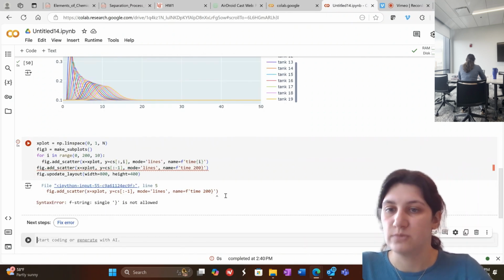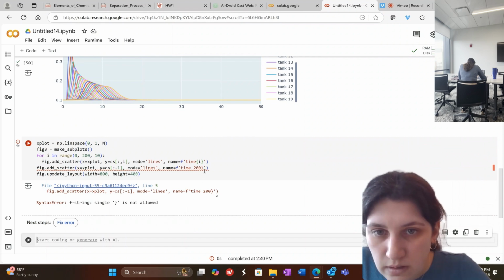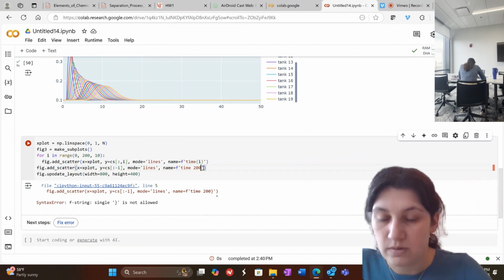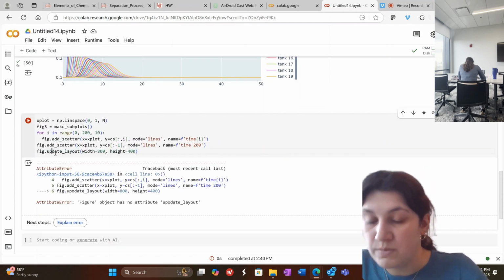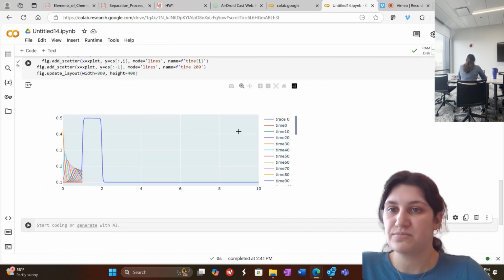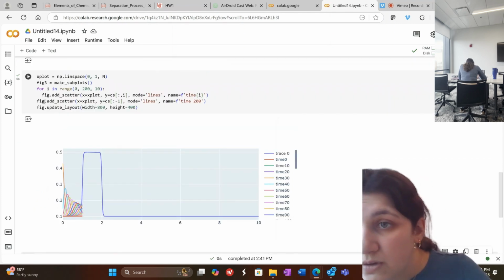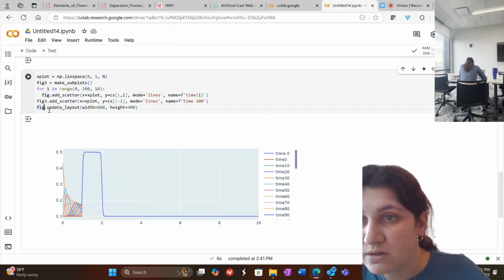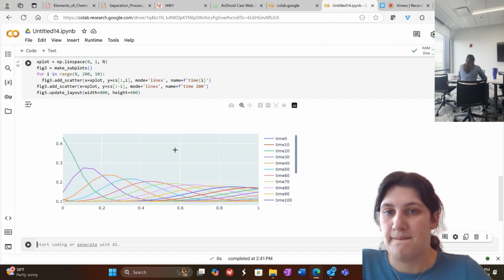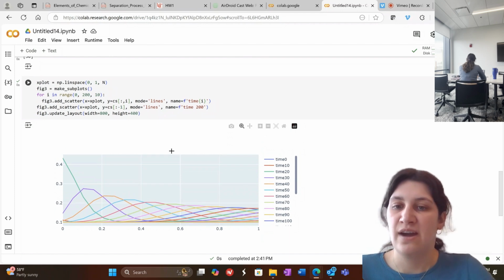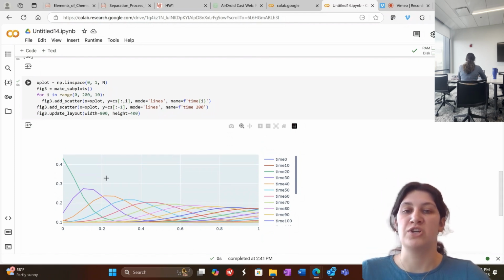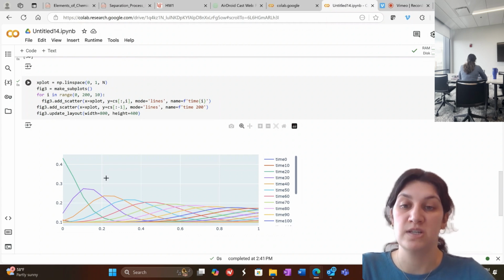A million typos. Let's see. Make sure these are 3. There we go. Finally, we have our answer where we can see how the concentration changed in reference to the position instead of the time.